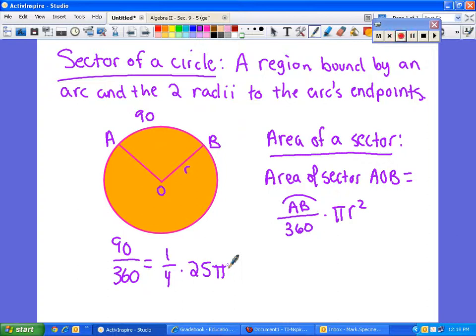Think about it for a minute. You would do 25 divided by 4 and leave the pi. We are going to try one. We're going to try 2 and that's that.